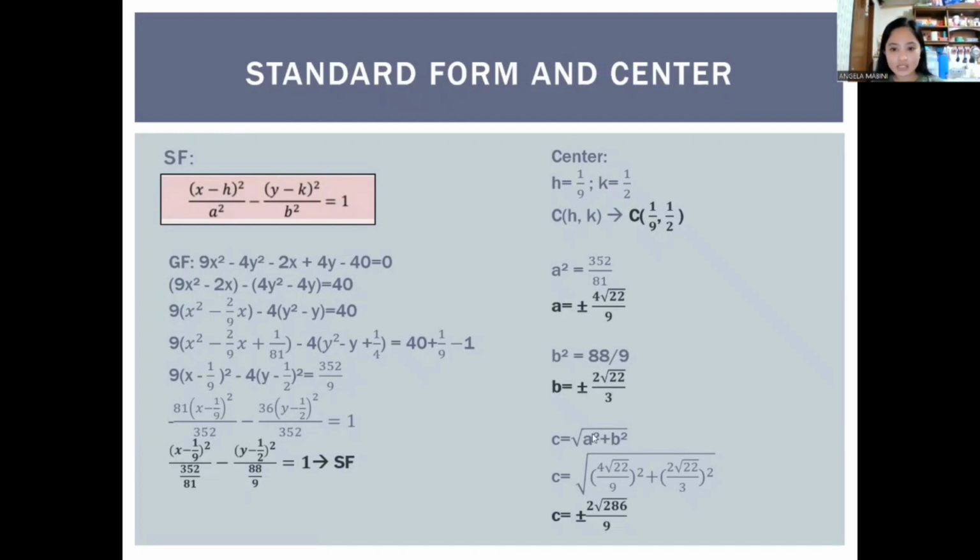To get the value of C, we used the formula C is equal to the square root of A squared plus B squared. We just substitute the values we found, so C is equal to the square root of 4 square root of 22 over 9 squared plus 2 square root of 22 over 3 squared, which gives us the value of C as plus or minus 2 square root of 286 over 9.